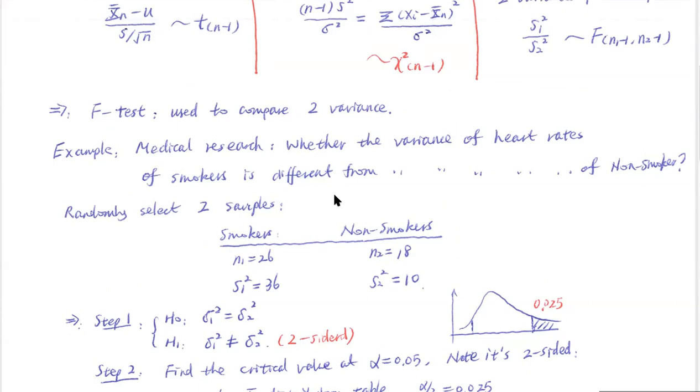Here is only one angle, the heart rate change. Here we find that the heart rate change for the smokers is significantly different from the non-smokers. We are not really saying that smoking is not good, but it provided one angle to see that smoking might not be that good.